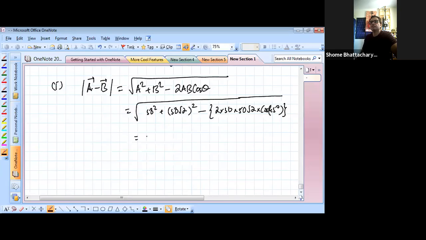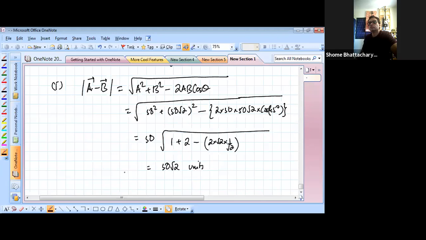So you can just take 50 common outside the square root. We have 1 plus 2 minus 2 into root 2 into 1 by root 2. Okay. So we have this. This becomes our answer.